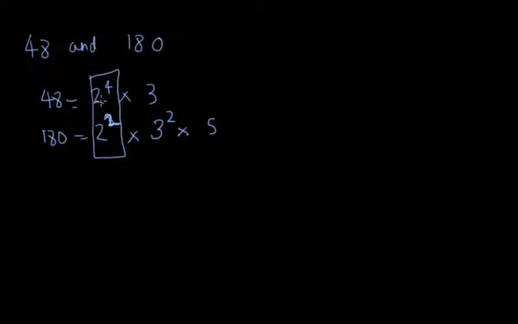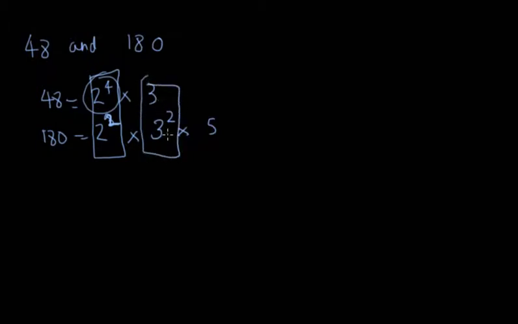There are 4 factors of 2 in 48, but only 2 factors in 180. Pick the higher, so we're going to pick this one. There is 1 factor of 3 here, so now we're looking at the powers of 3.